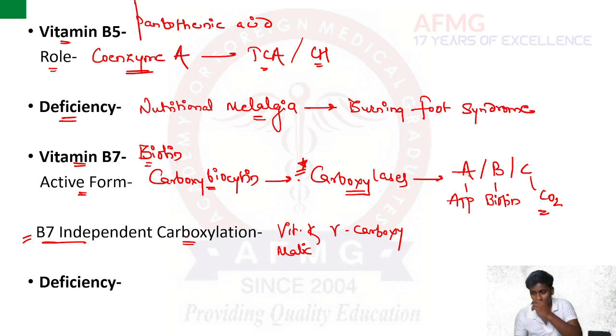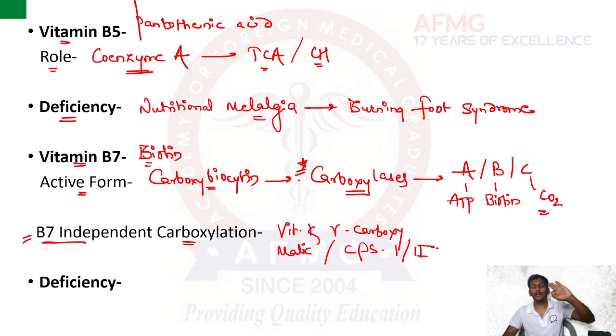The third important is CPS1 and CPS2, that is carbamoyl phosphate synthetase 1 and carbamoyl phosphate synthetase 2. So CPS1 and CPS2 would not require vitamin B7 for carboxylation. So these are the three vitamin B7 independent carboxylation reactions: vitamin K dependent gamma carboxylation of clotting factors, the malic enzyme pathway, and CPS1 and 2. If there is deficiency of vitamin B7, that can cause multiple symptoms.